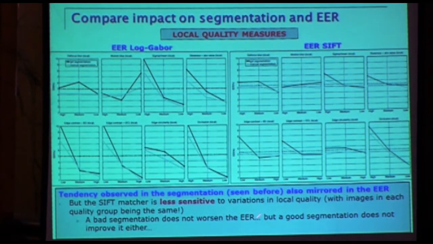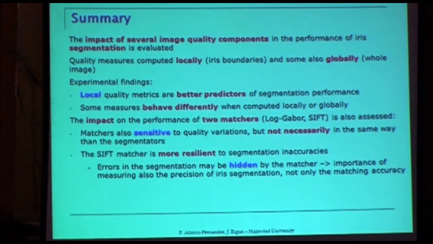So a bad segmentation does not worsen the equal error rate using the SIFT matcher, but a good segmentation doesn't improve the results either. So we observe here that there is not always correlation between performance in the segmentation and performance in recognition. So to summarize, we have evaluated the impact of several image quality components in the performance of iris segmentation.